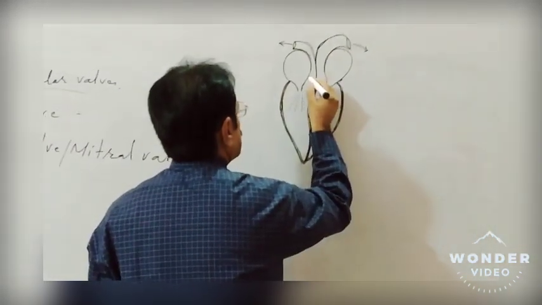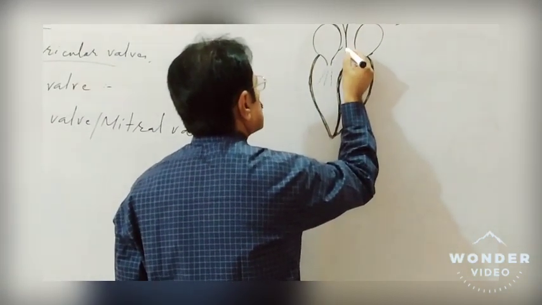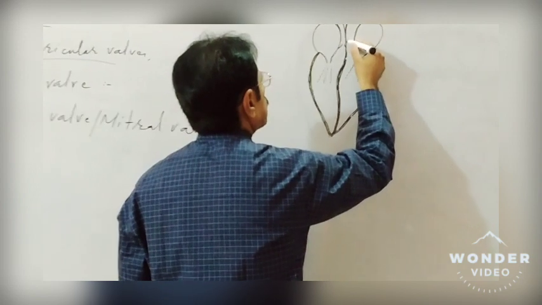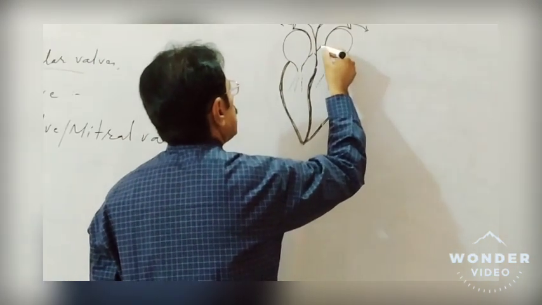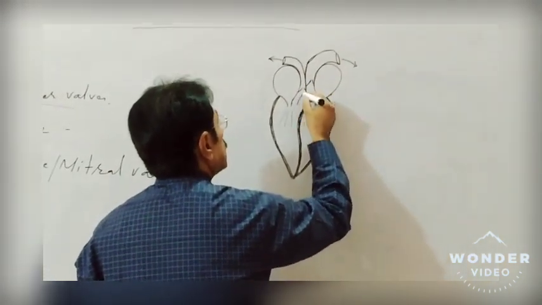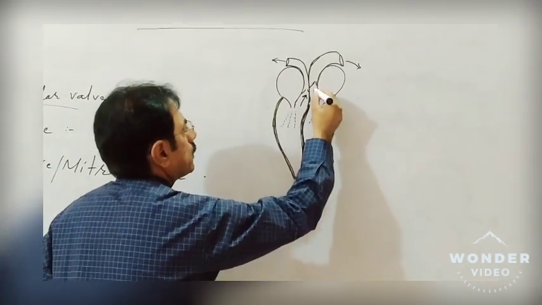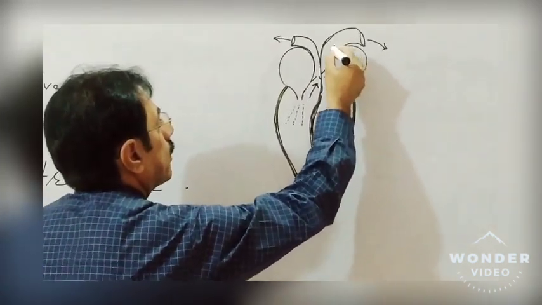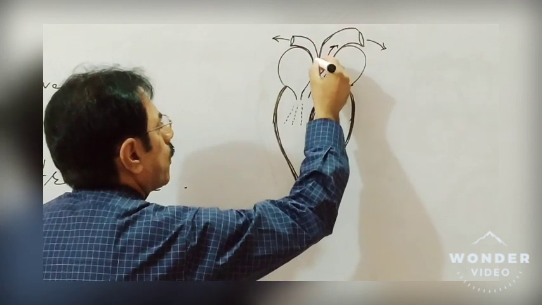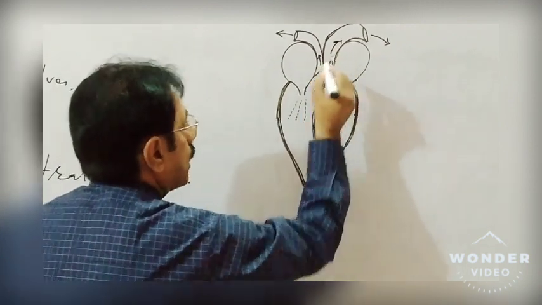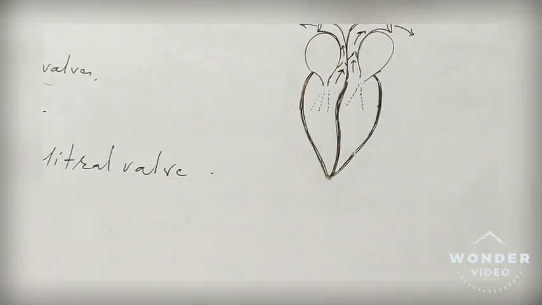And there are two other important valves at the heart level. These are called semi-lunar valves. Valves open in one direction and prevent the backflow of the blood.